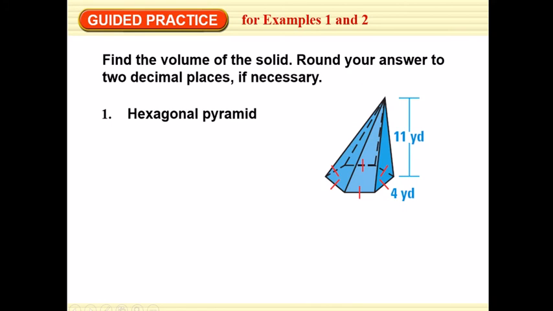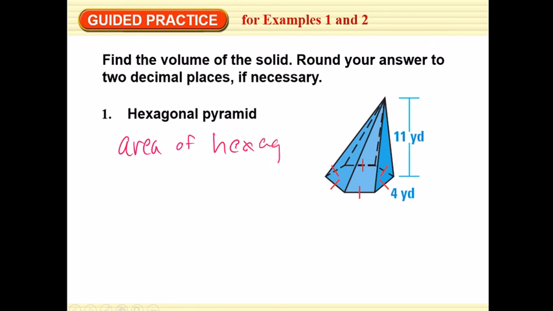Here is guided practice. We have a hexagonal pyramid, so it is 6-sided. We do know our side length here but we do not know the area of the base. So you need to make a note of how to find the area of a hexagon.